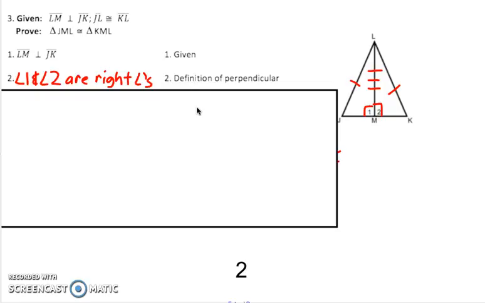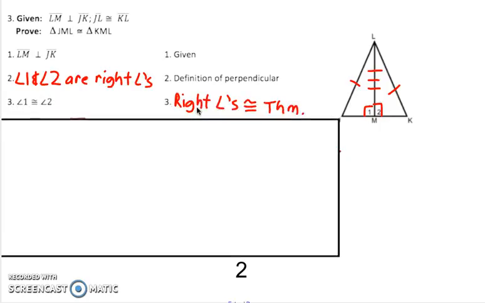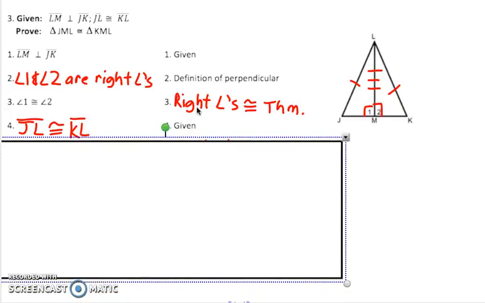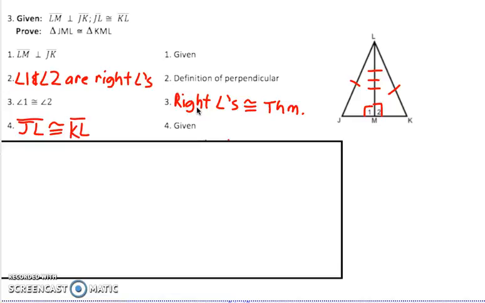Now, since we have our right angles, make sure you mark it on your diagram, we know that all right angles are congruent. So for number 3, we're going to write that angle 1 and angle 2 are congruent to each other by the right angles congruency theorem. And then for number 4, we write the other given statement that segment JL is congruent to segment KL.